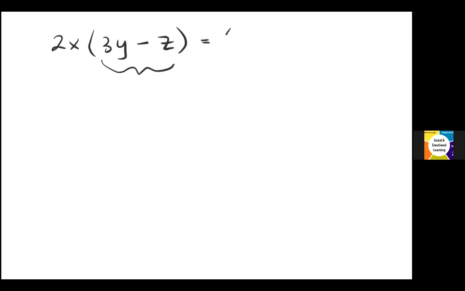this is 2x times 3y minus 2x times z. We would have distributed. And then we could do the multiplication here. Does anybody know what 2x times 3y would be? We did that multiplication. 6y?